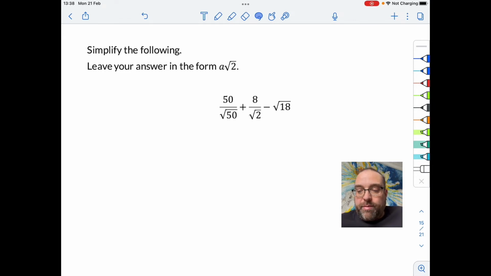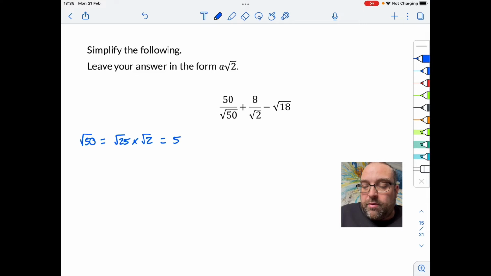The first thing I would be looking at here is the root 50 and the root 18. We can probably simplify those. So let's have a quick look at root 50. That can be rewritten as root 25 times root 2, which is 5 root 2.